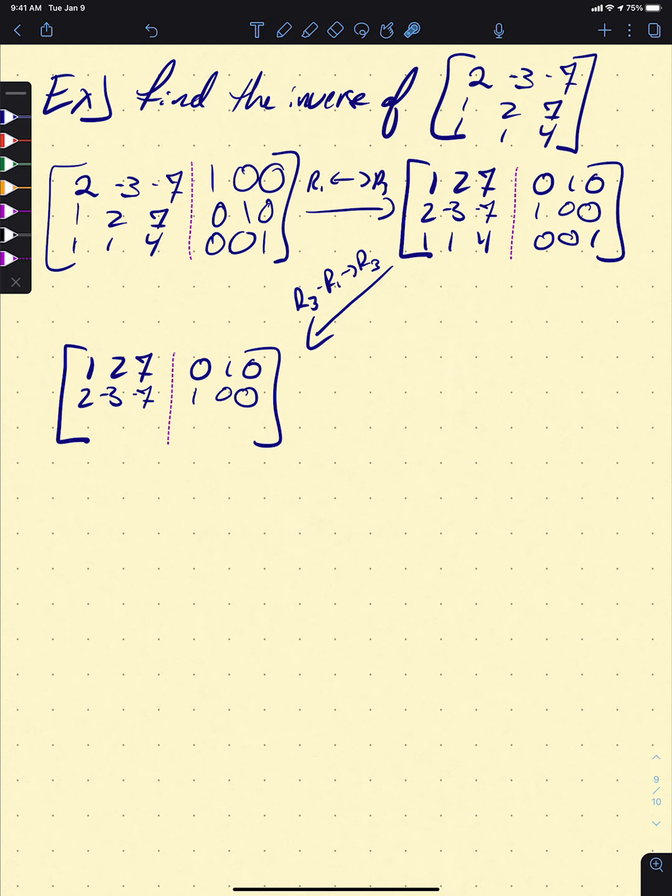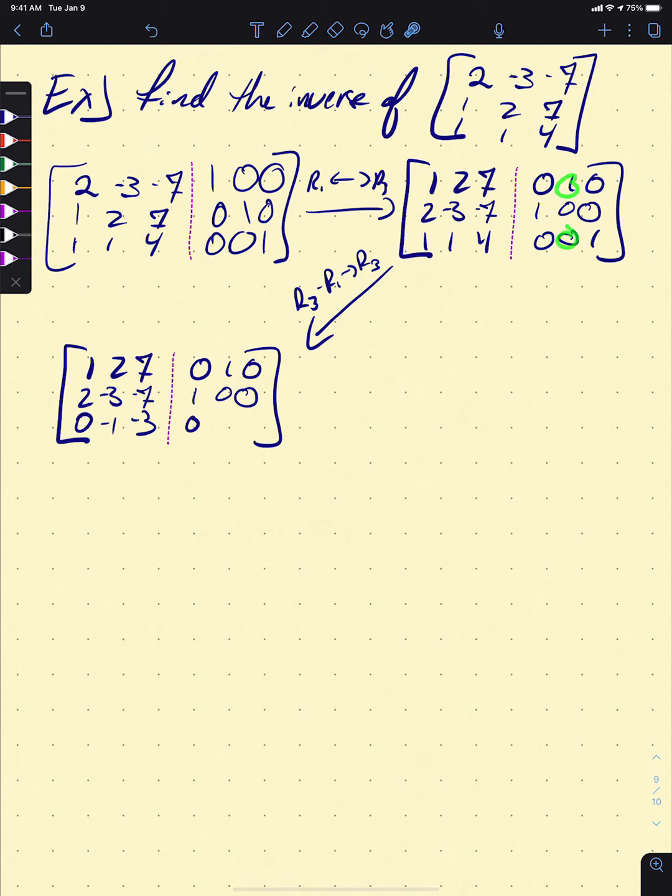So what's going to happen here, right? We're going to have 1 minus 1 for 0. We're going to have 1 minus 2 for -1. We're going to have 4 minus 7 for -3. We're going to have 0 minus 0 for 0.